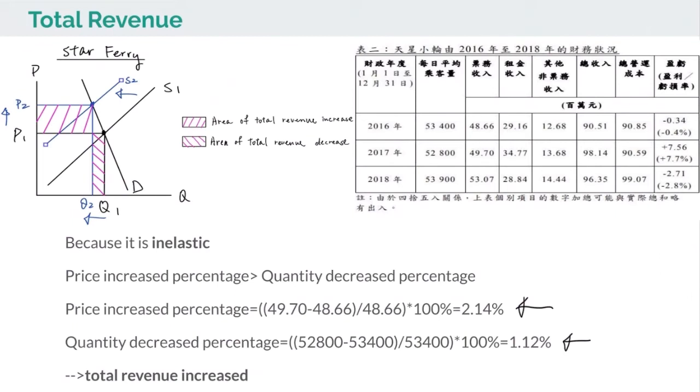The price increase percentage is more significant than the quantity decrease percentage. Therefore, the total revenue increased. The Star Ferry graph shows that the area of total revenue increase is larger than the area of total revenue decrease. Therefore, the total revenue increased.